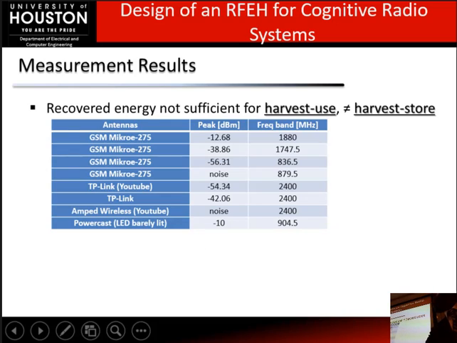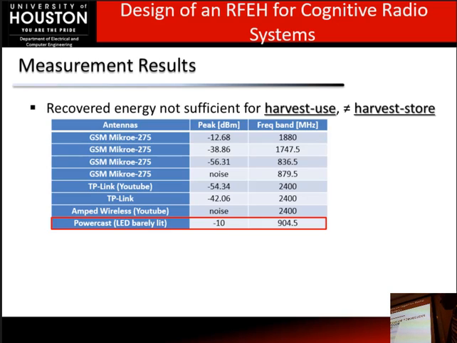Here you can see that the recovered energy or power is not sufficient, for example, if we need to use it in the harvest use application where whatever we harvest, we use it. So this is the minimum power that we need to power this board. However, there are ways, for example, to optimize the power that we harvest.